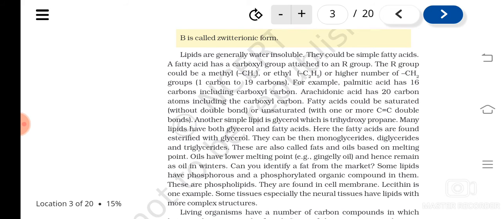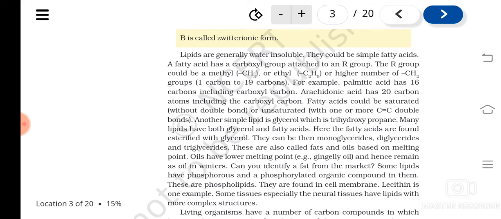Saturated fatty acids means there won't be any double bond, or it can be unsaturated with one or more carbon double bonds.